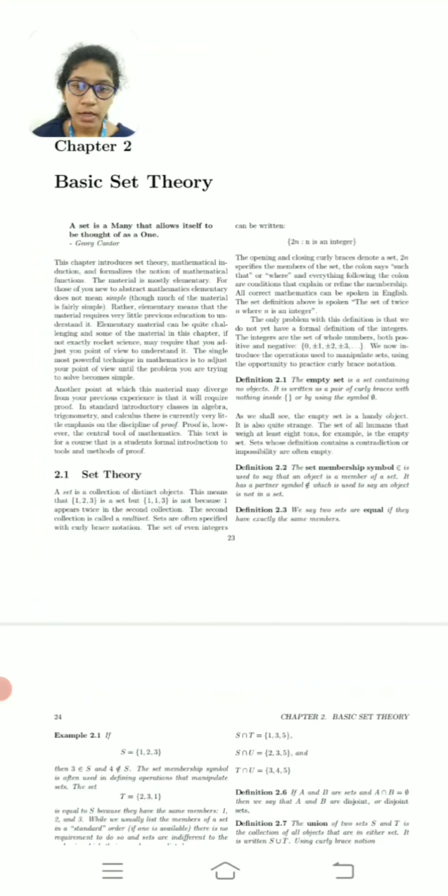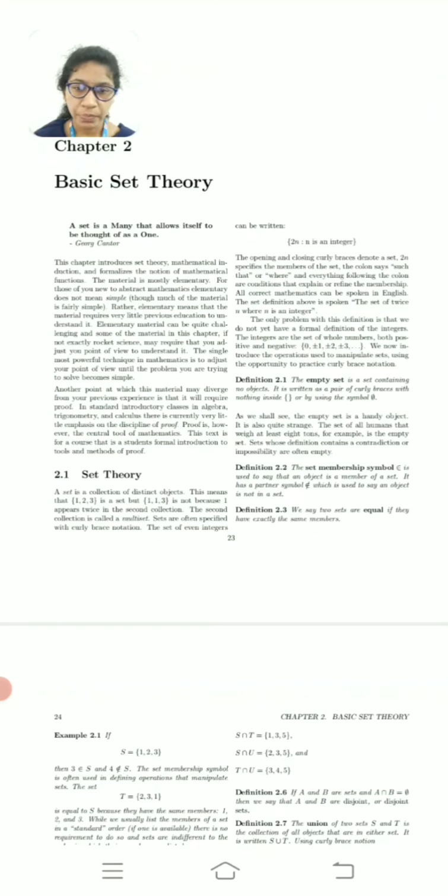It is written as a pair of curly braces with nothing inside, or by using the symbol ∅. As we shall see, the empty set is a handy object. It is also quite strange. The set of all humans that weigh at least 8 tons, for example, is the empty set. Sets whose definitions contain contradictions or impossibilities are often empty.